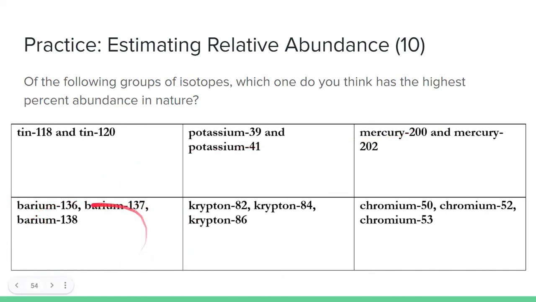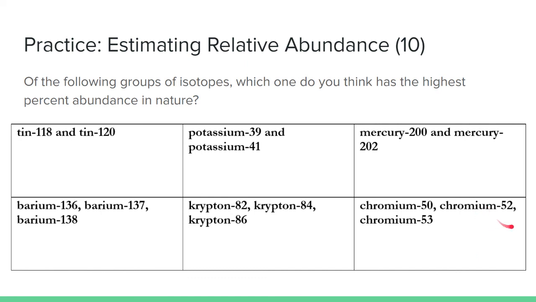For these isotopes of barium, I go to my periodic table. The average atomic mass for barium is 137.33, so 137 has to be the most abundant isotope. For krypton, the most abundant isotope would be the one that matches or is most closely rounded to 83.8, and that would be krypton 84.